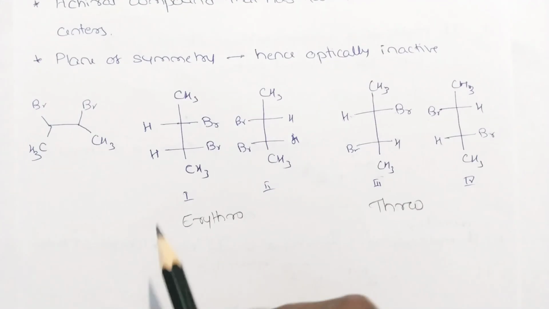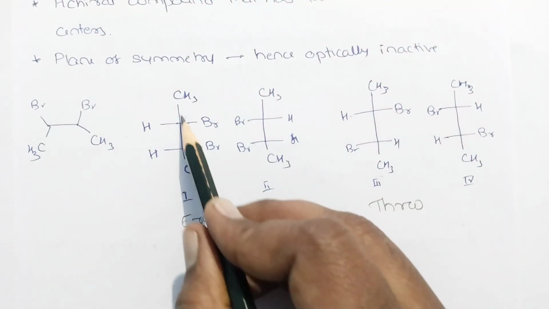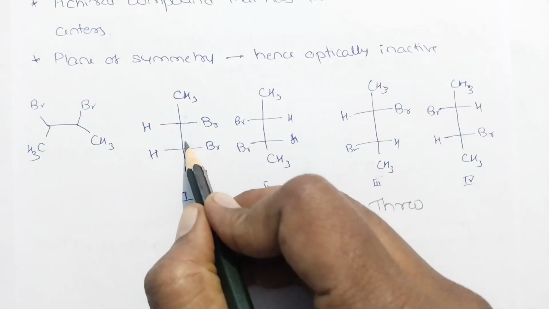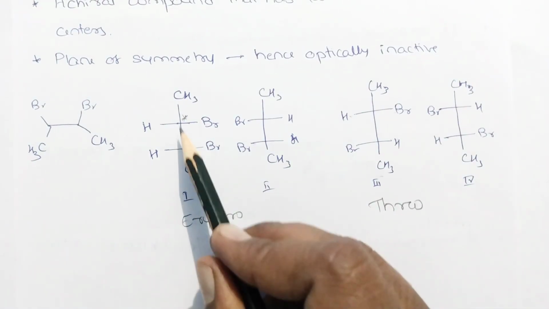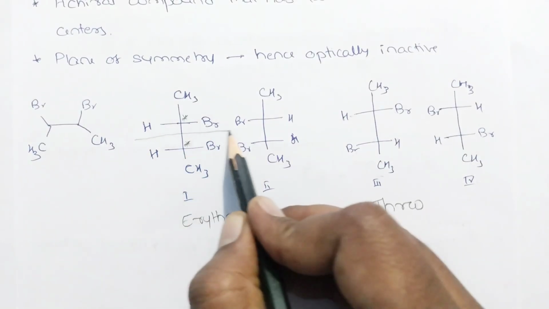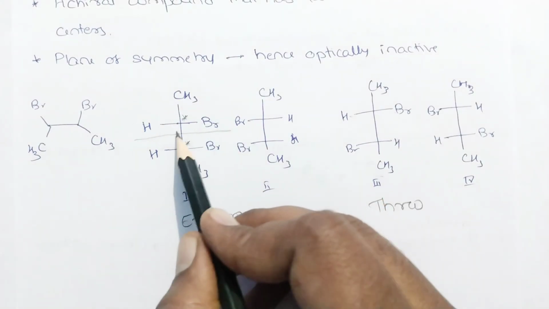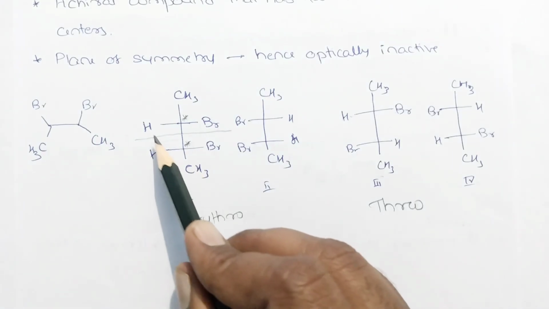Let's see the example. This is the molecule. You can see that this is a chiral center, this is a chiral center. So there are two chiral carbons, but when you imagine the plane here, this half is exactly the same as this half, so there is a plane of symmetry.